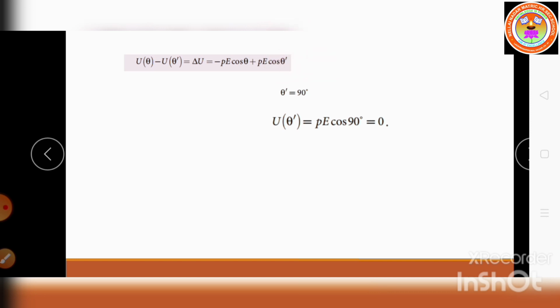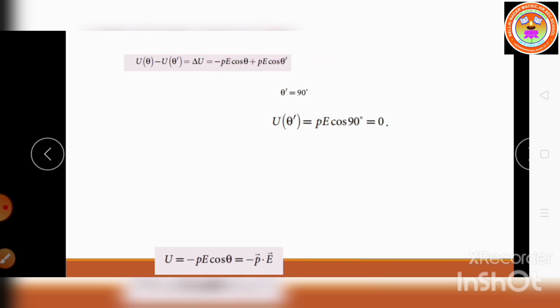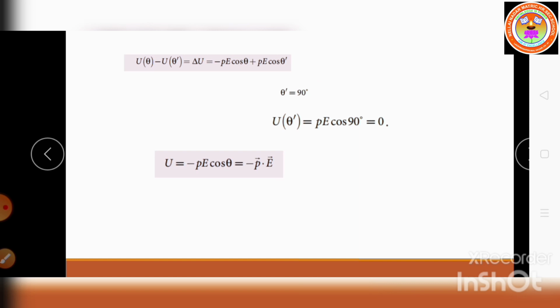So we are getting only U is equal to minus PE cos theta plus 0. So the potential energy stored in the system of the dipole kept in the uniform electric field is U is equal to minus PE cos theta.